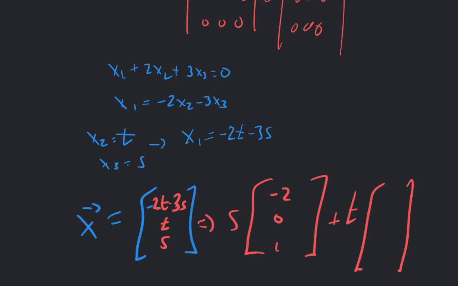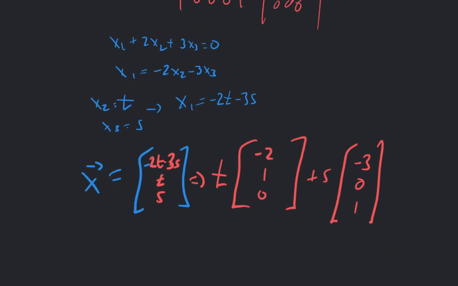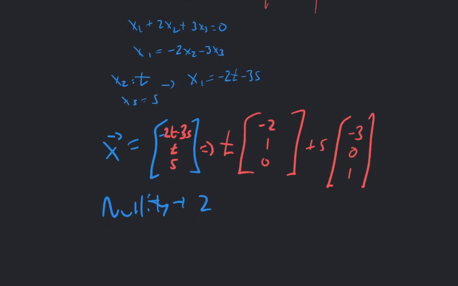I have these backwards again. And then here the nullity would be 2, because now it's two-dimensional because there's two vectors.